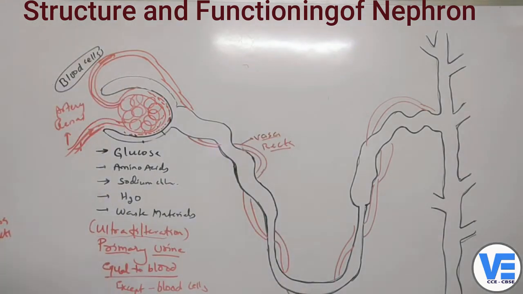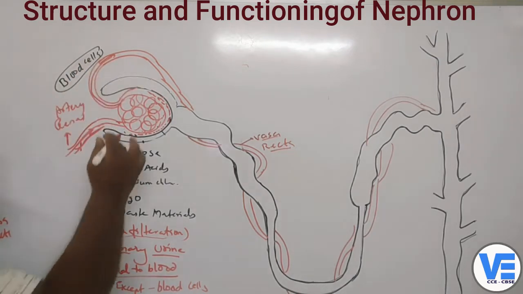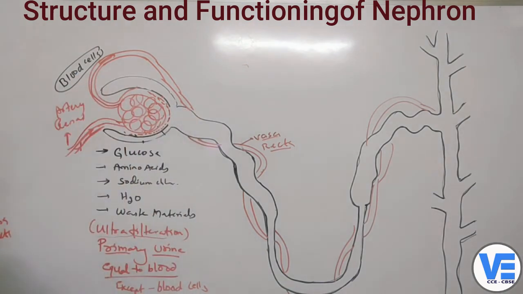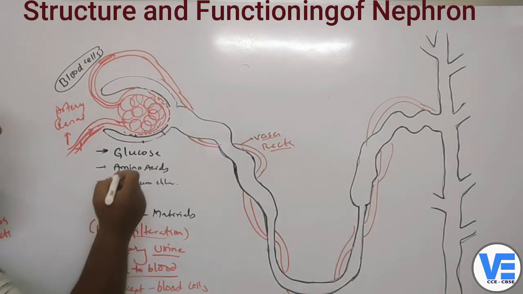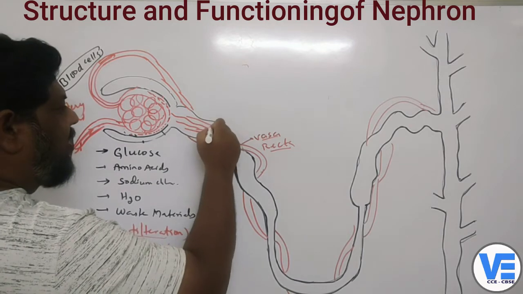Now here, what is the filtration which has happened here? The filtration happened in the glomerulus, right? So what is collected here? Primary urine is collected here. Now this primary urine, which is equal to blood, what will it do? It will start flowing into the next part of the nephron.